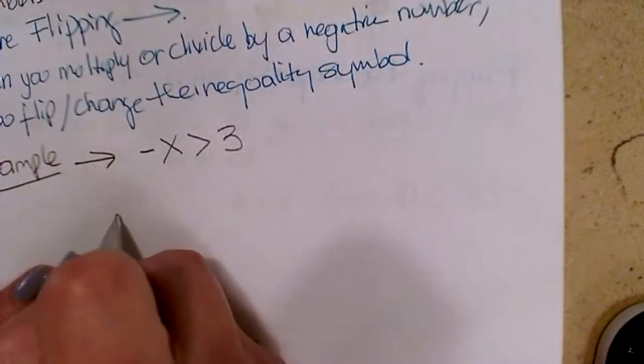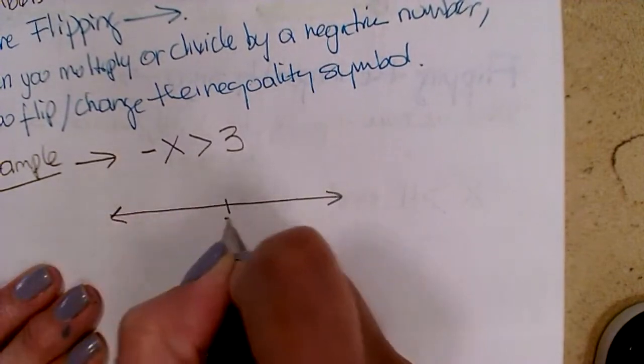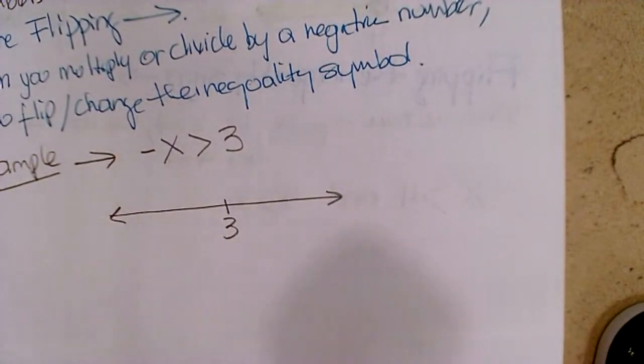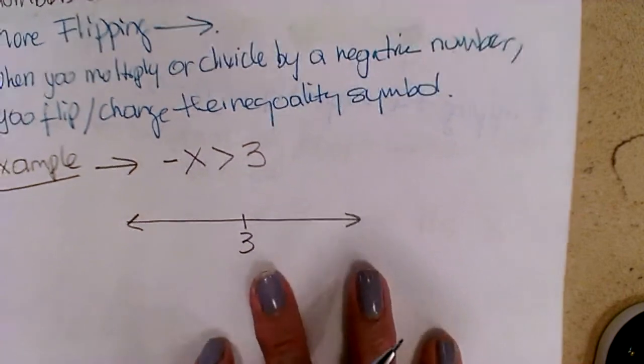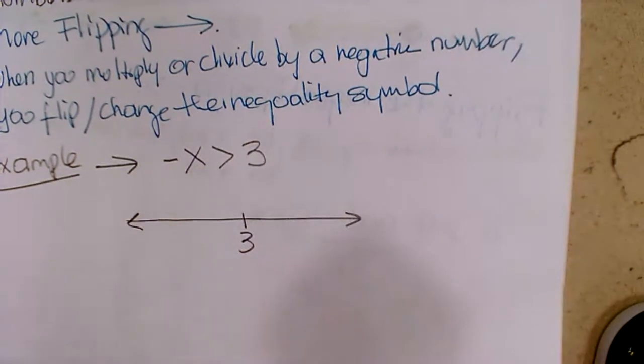So let's look at the graph. We have 3. What numbers make this statement true? If a number makes the statement true, we will color it on the graph.